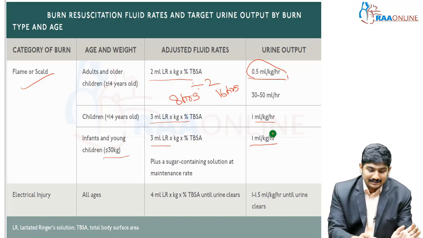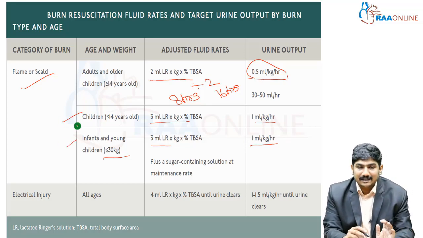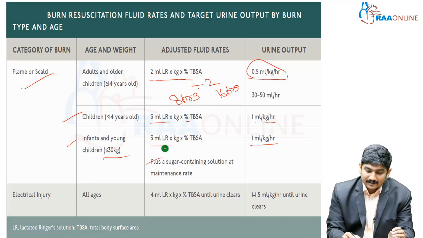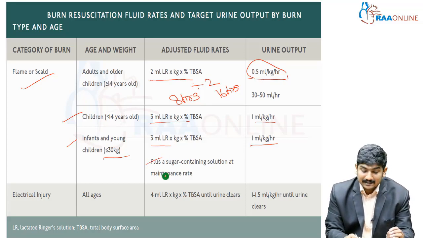Why these two are given separately is that in infants and young children less than 30 kgs, the liver will not be developed enough to support gluconeogenesis, right? So you need to add some sugar. In infants and young children, you add a sugar-containing solution at a maintenance rate.